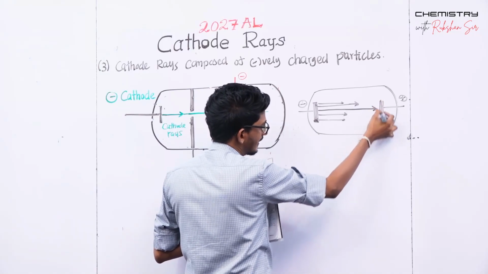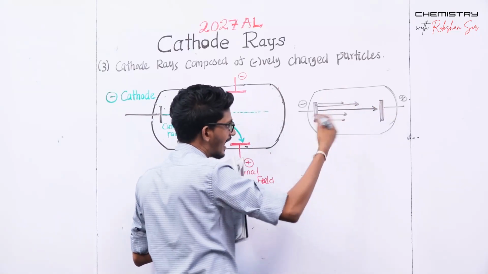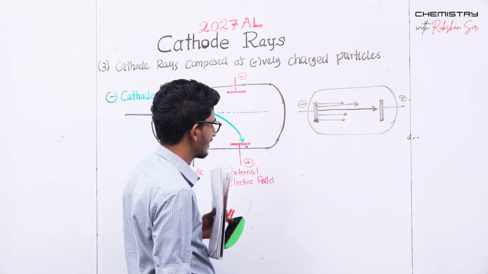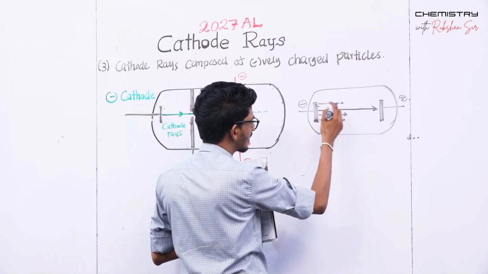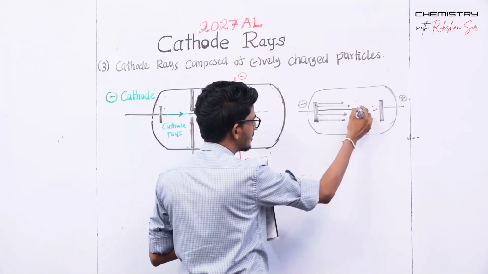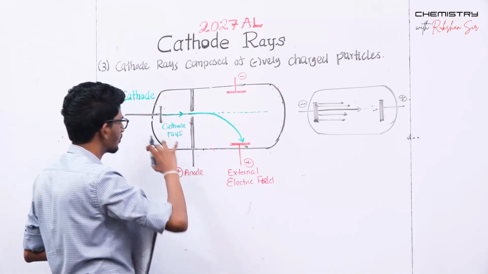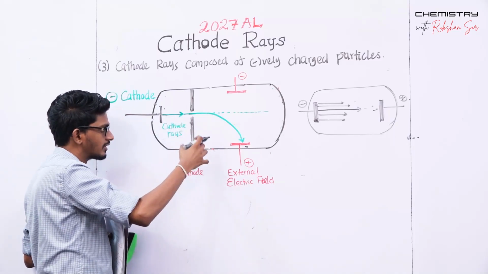One can ask like that. One can say that there is no need of this kind of heavy setup to prove this idea, that cathode rays are traveling towards the positive terminal.